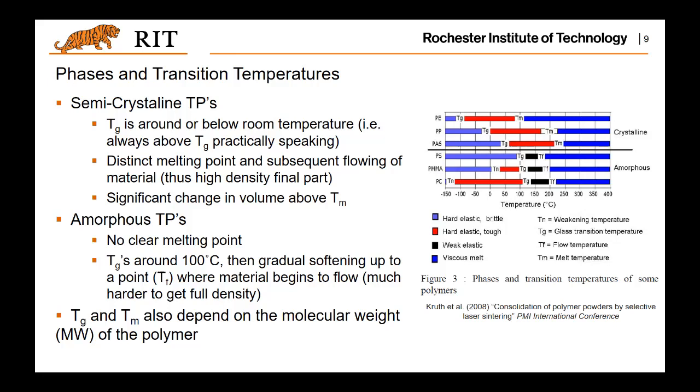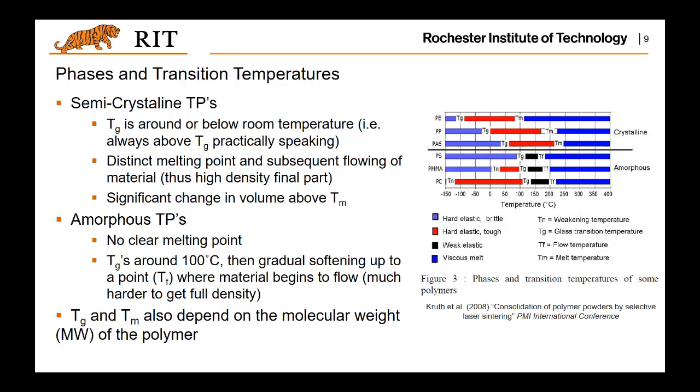And there will be a distinct melting point and subsequent flowing of the material. Also, there will be a significant change in volume above the melting temperature for the semi-crystalline thermoplastic.